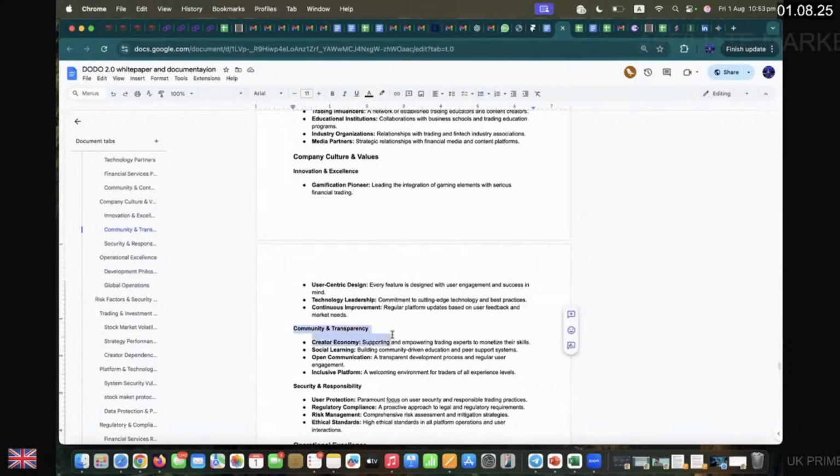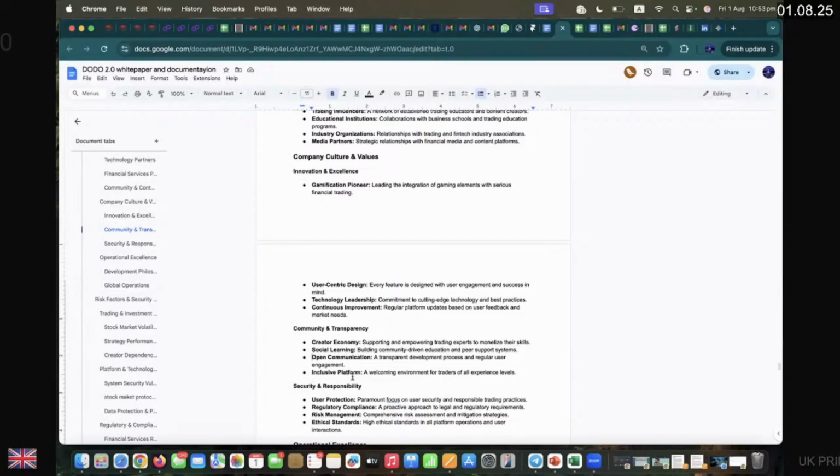Community and transparency. Creator economy. We are going to create a monetized, huge community of creators, KOLs, influencers who will engage in social learning and open communication, and they will monetize and get inclusive growth with the platform.